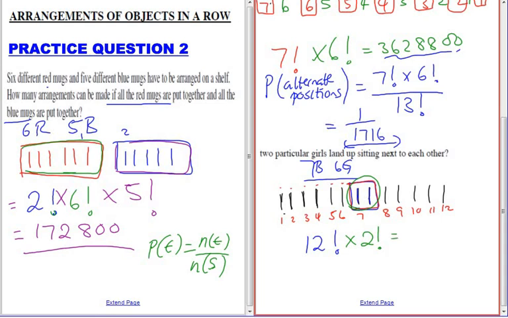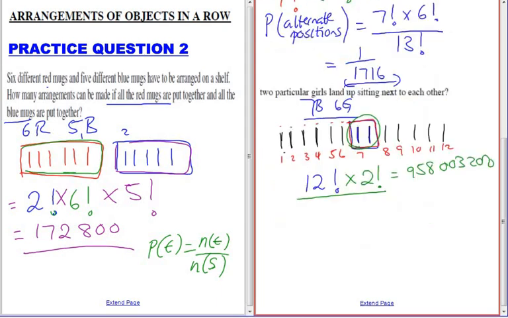If you would like to use your calculator, go ahead and do it. You should get this one. But you don't really have to at this point because we still have to calculate the probability that those two girls sit next to each other. That's what we want.